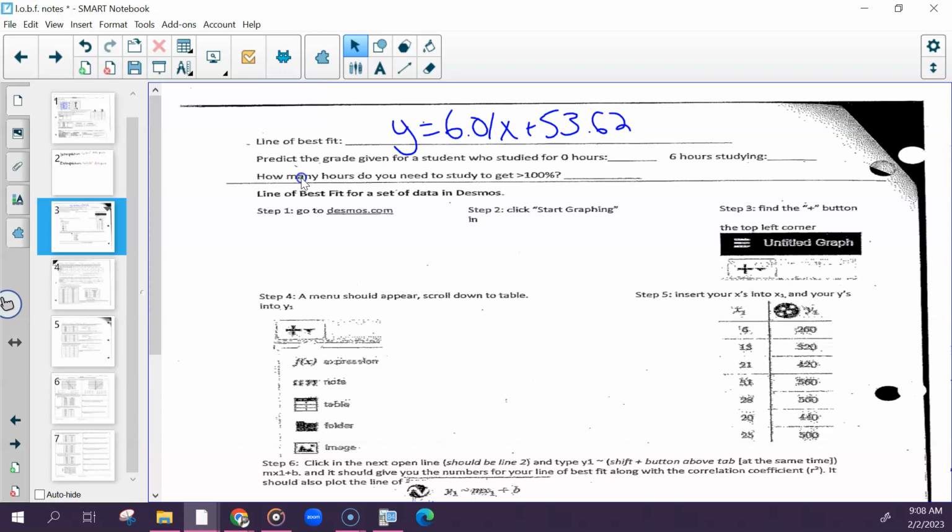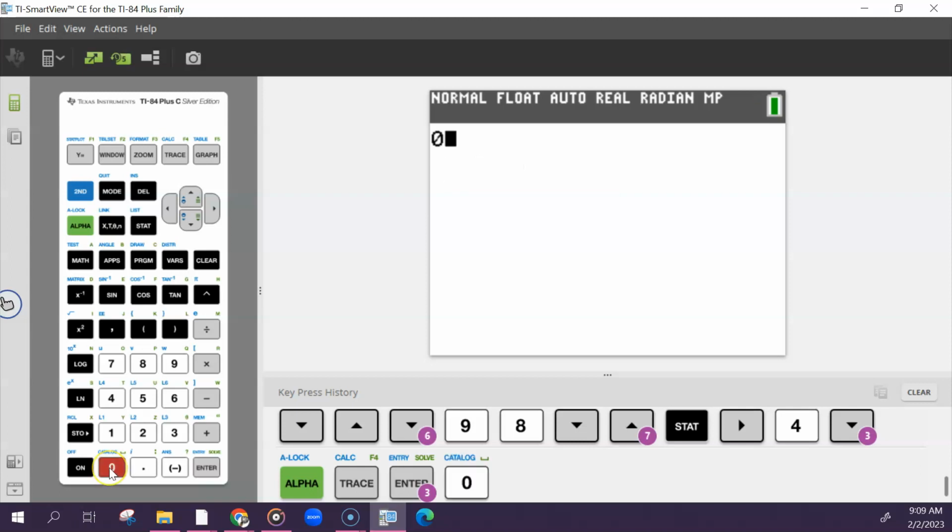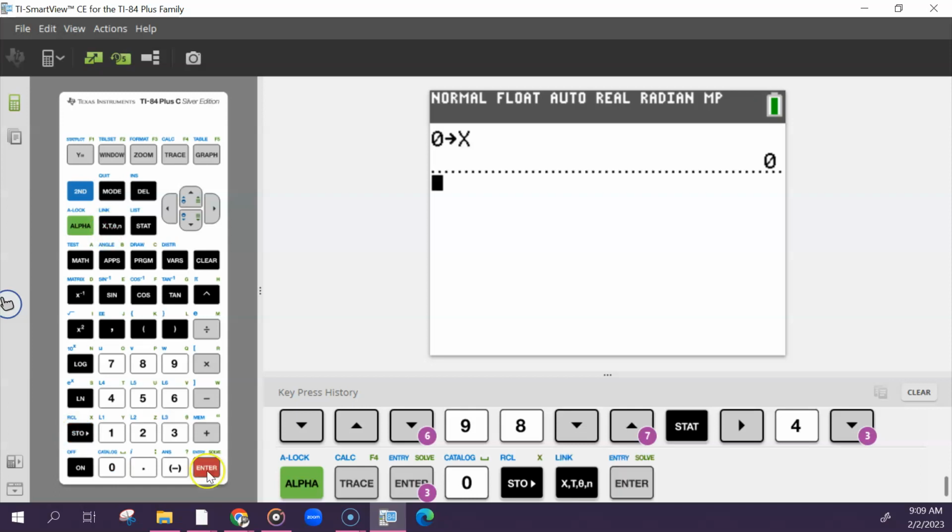We're going to put 0 into our calculator. So just type 0 from the screen. And we're going to store it, STO, right above on, as X. And then hit enter. It'll look like nothing's really changed, but what you did is put 0 in for the value of X.